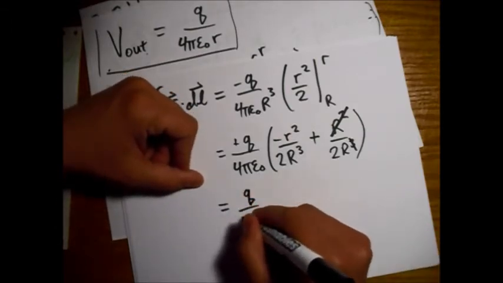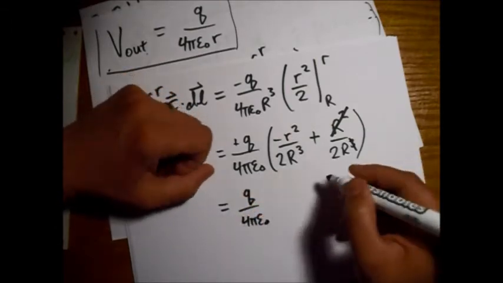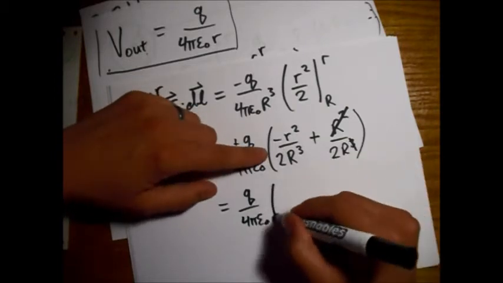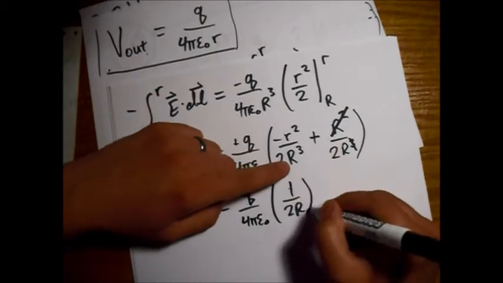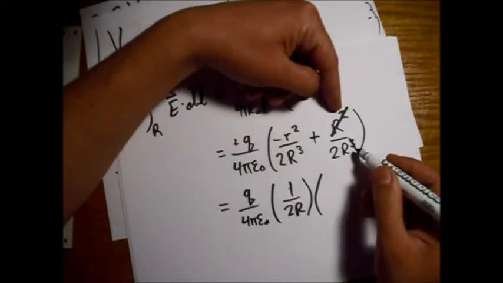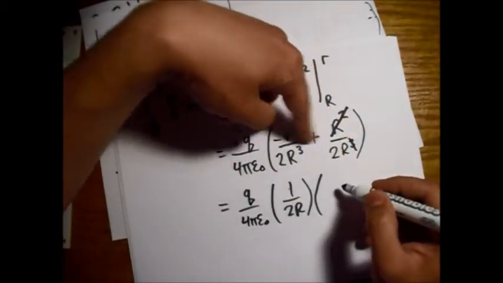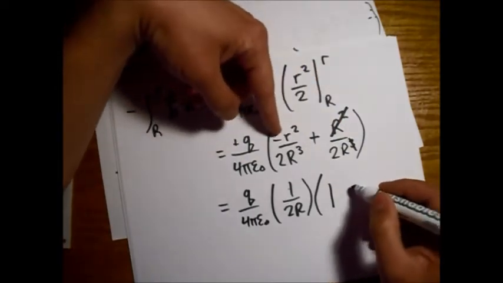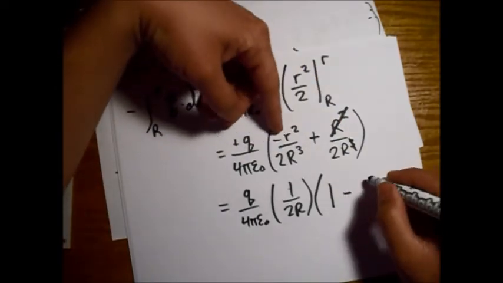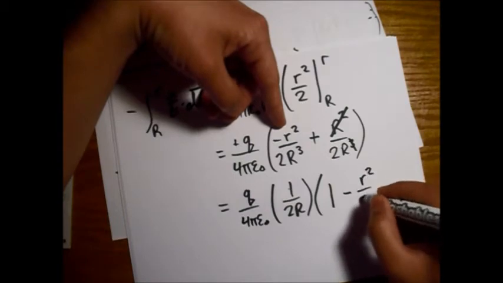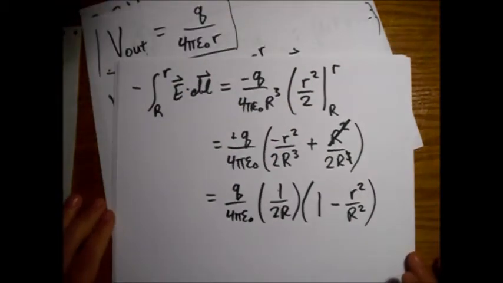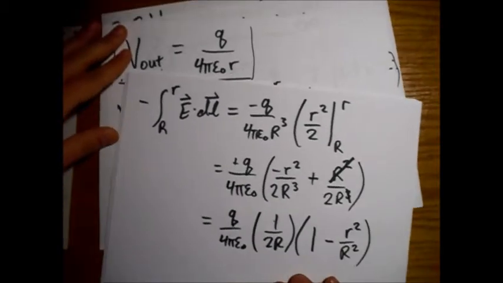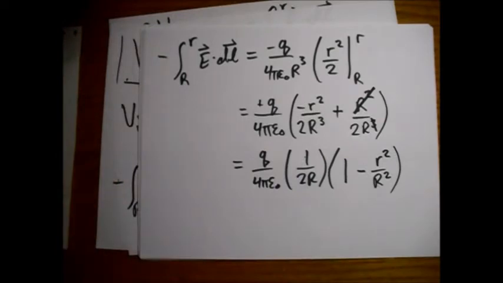Q over 4 pi epsilon naught, and we're going to bring the 1 over 2r outside. So here, we brought this out, so it's just a 1 here, and then minus little r squared over big R squared. All right, I think this looks right. Okay, what do we have now?